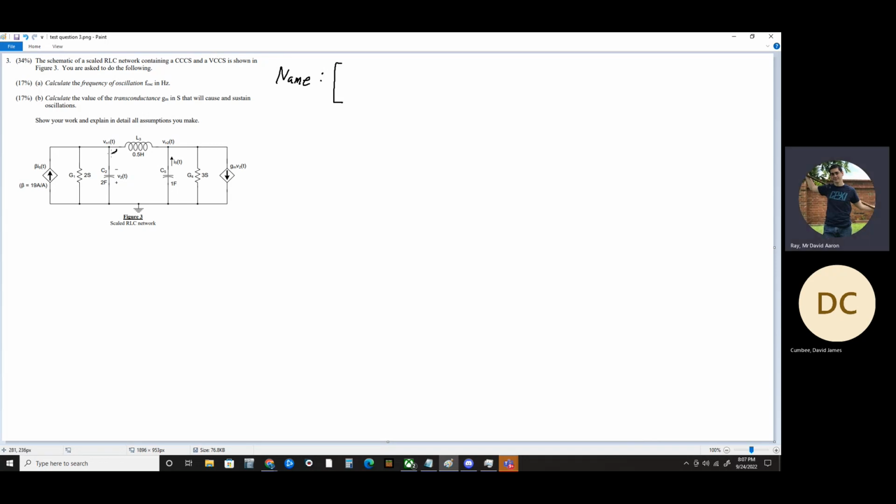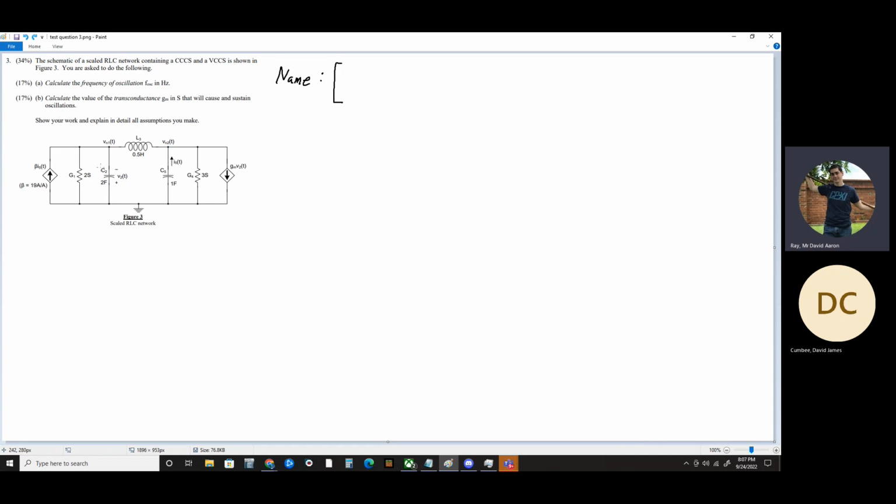So with that, we have Vn1 and we have Vn2. With Vn1, we're going to look at all the passive elements going into it. We see a dependent source, so we save that for later. We see G1, C2, L3, those three components enter into Vn1. Everything's been converted to conductances, which is awesome.